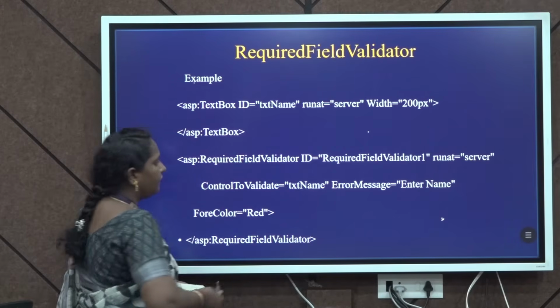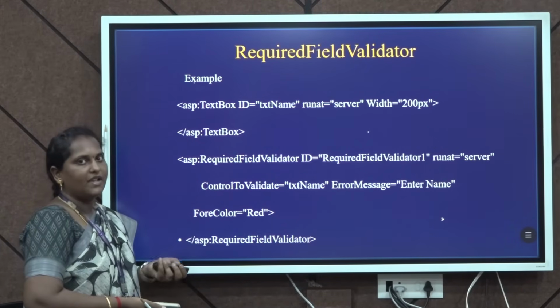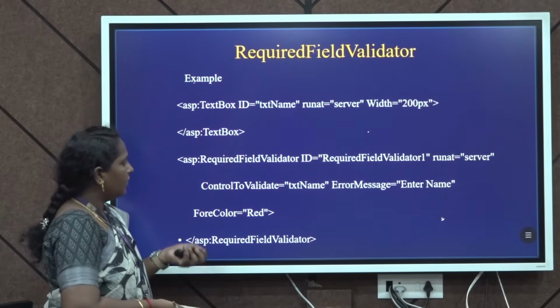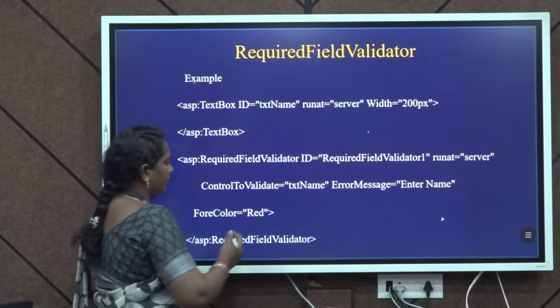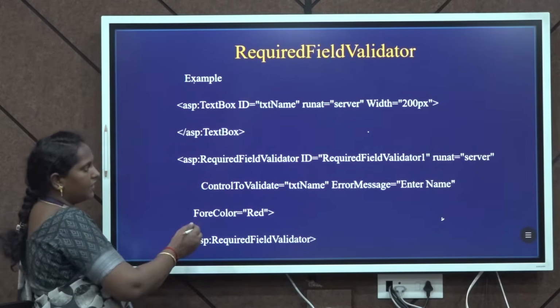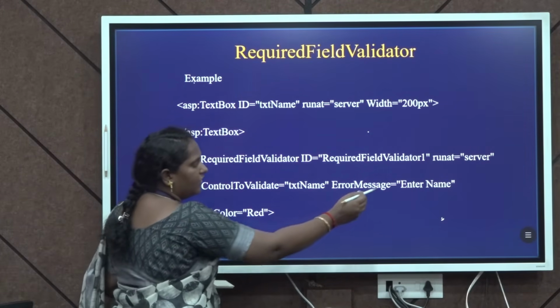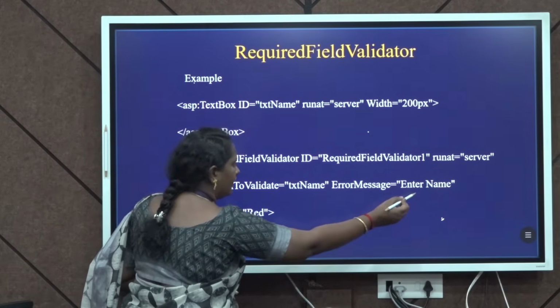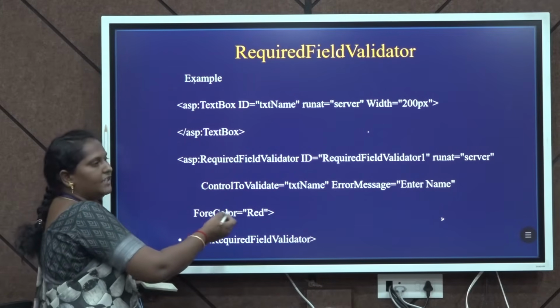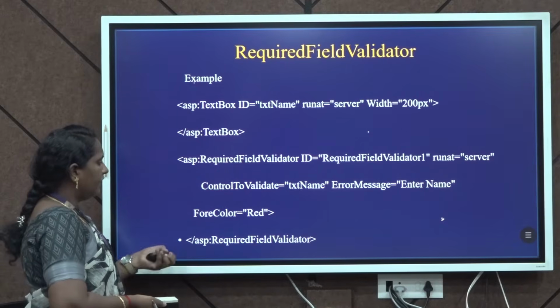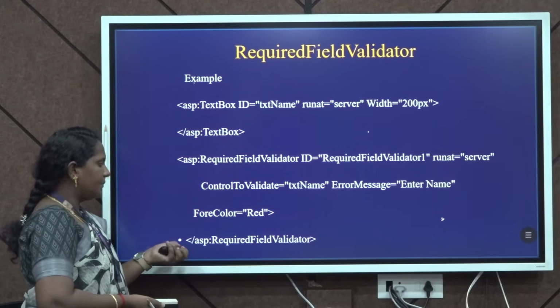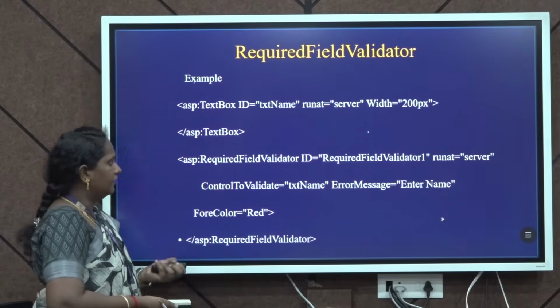If the user does not enter any value in this text box, it will show an error message like enter the name here. For this I mention ErrorMessage equal to a value within double quotes, and it will be displayed in red color. And finally we should close the ASP required field validator.